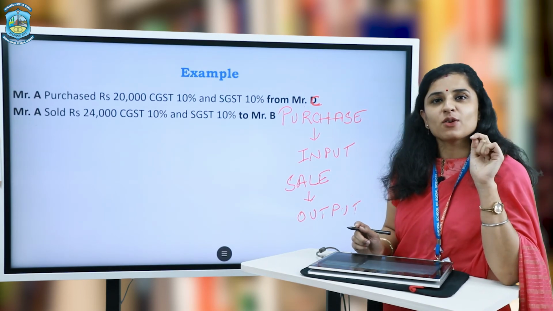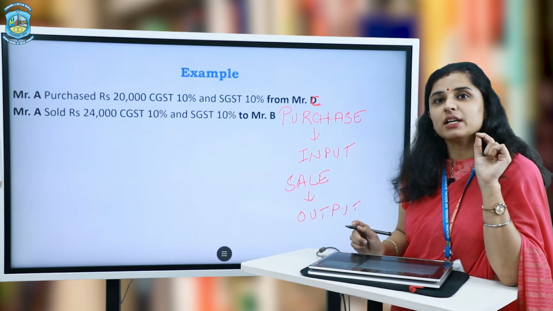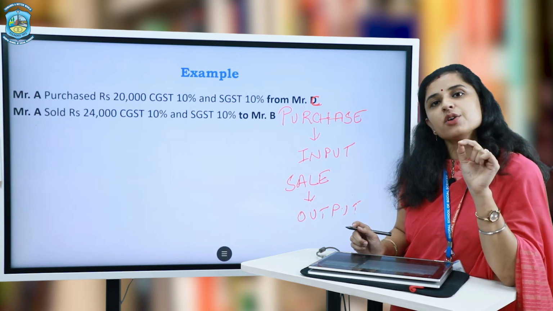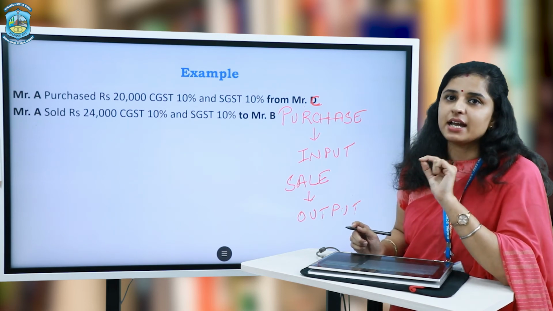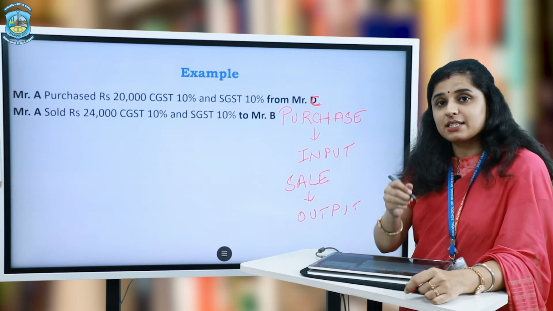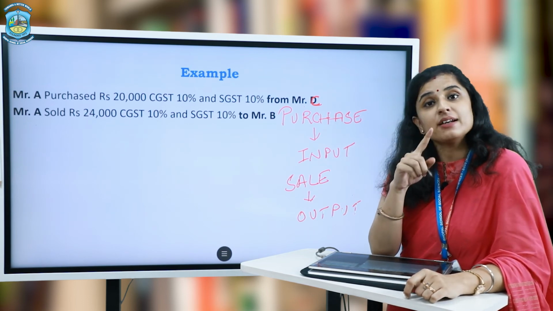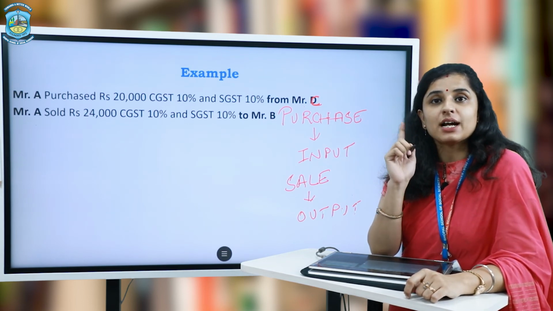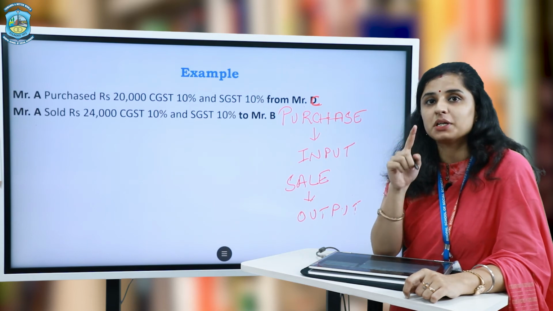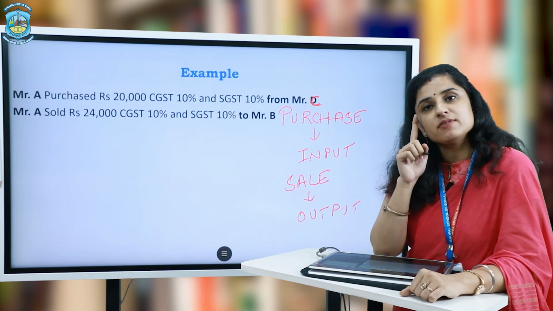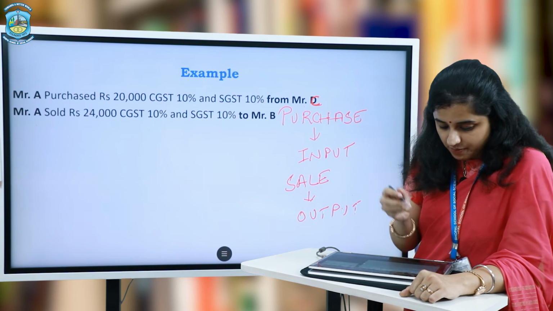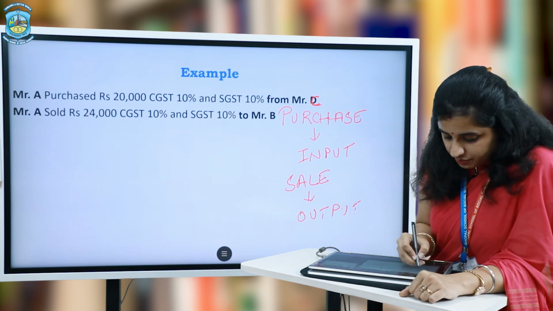Similarly, output can also be of two types. Either you can collect IGST or you can collect CGST and SGST. So, in this example, as you remember, it was intrastate sale and purchase. So, in both the transactions of purchase as well as sales, we have CGST and SGST. Let us solve it now.